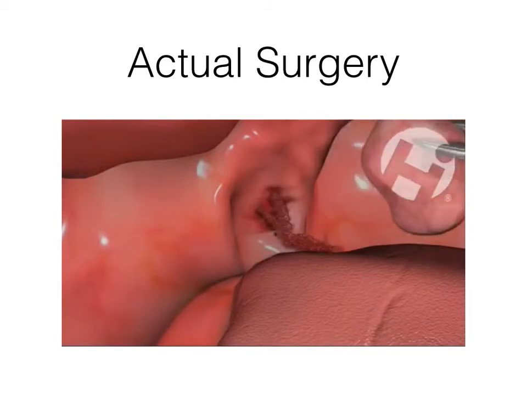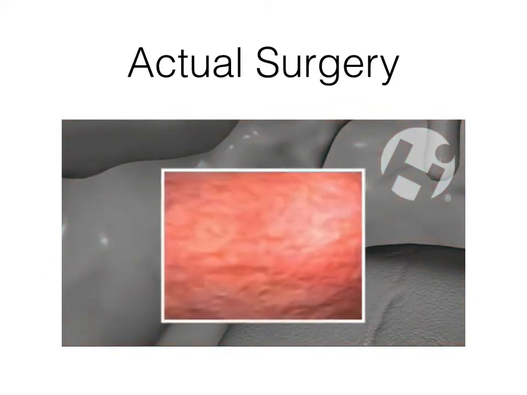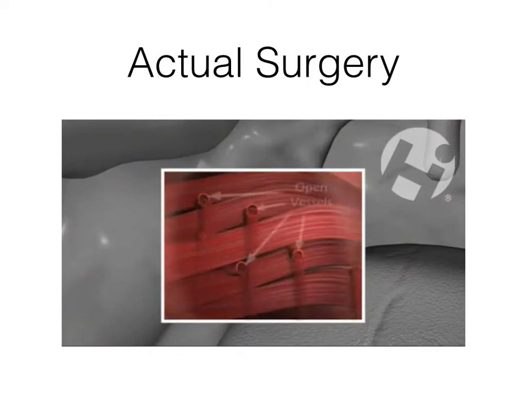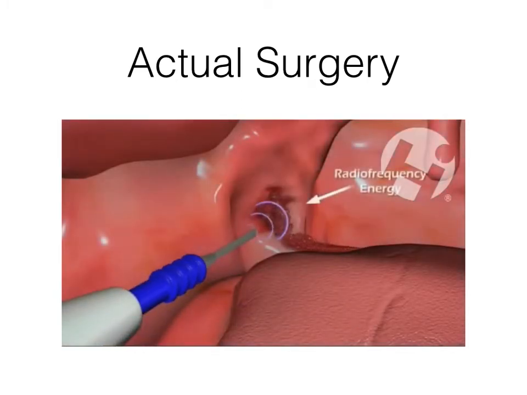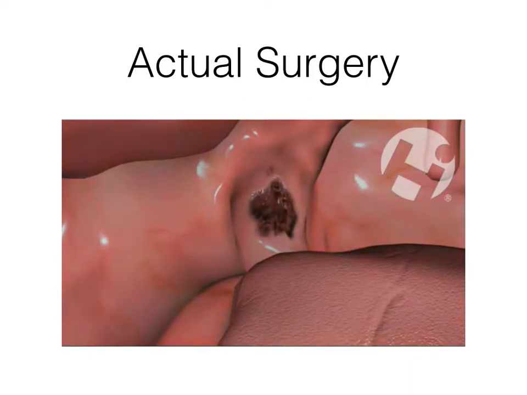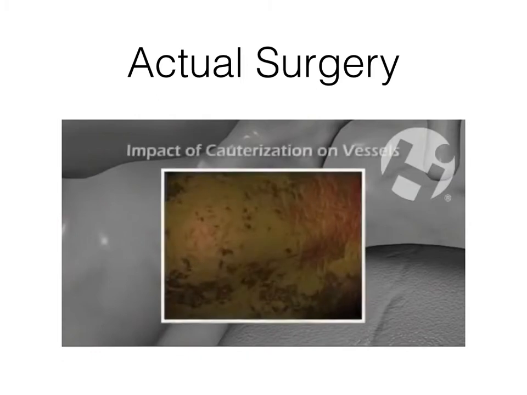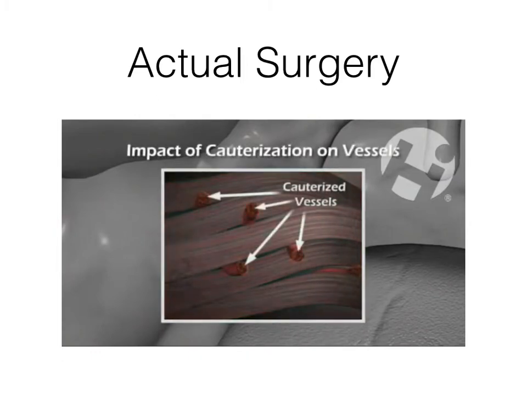And as a result, the wound begins to bleed profusely due to the cutting of the blood vessels. You get a closer look at what the blood vessels look like now that they're cut drastically. And to cauterize or stop the bleeding, surgeons use radio frequency energy, which seizes the blood and forms a scab through the cauterization of the actual blood vessels that were cut.